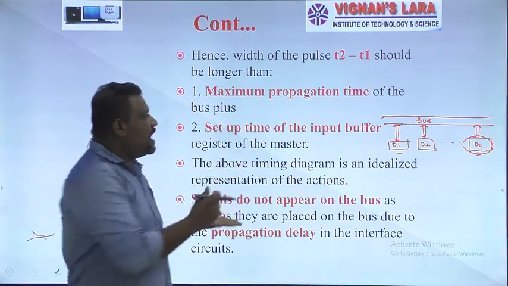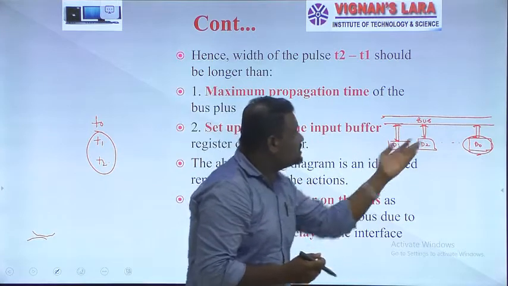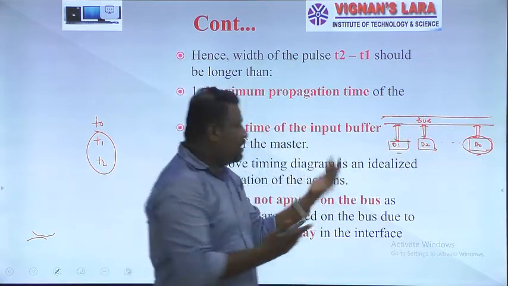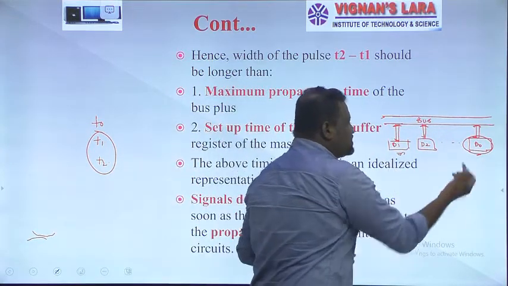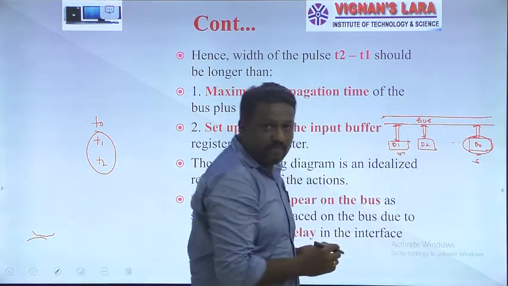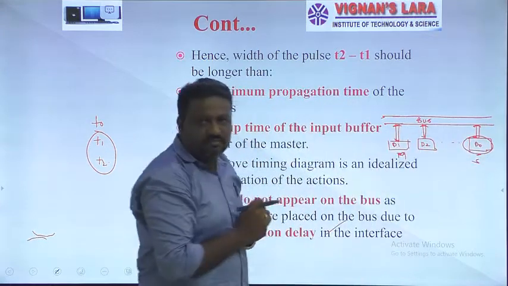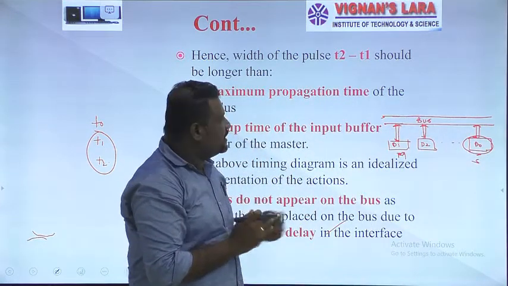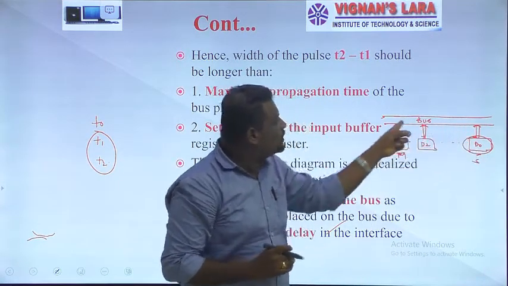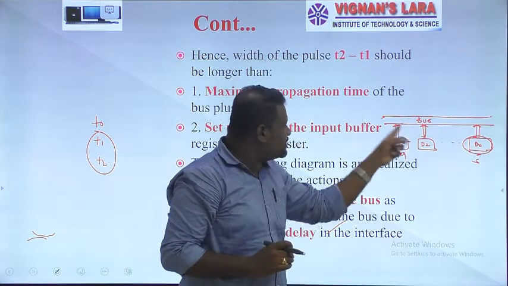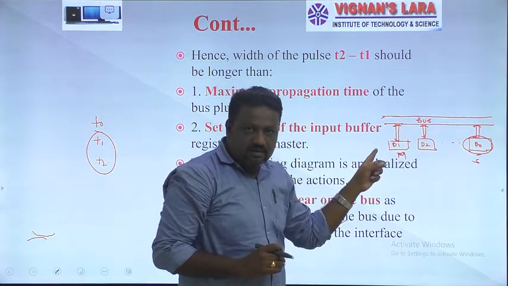For example, here our operation is the master receiving something from a slave. Assume device 1 is a master and device N is a slave. The master wants to read something from the slave. At that time, the slave puts data over the bus, which can be received by the master.